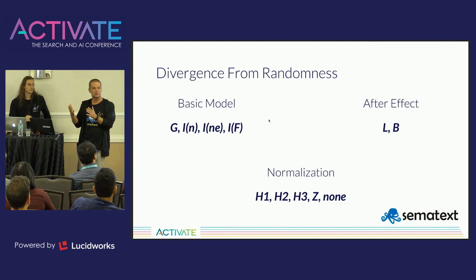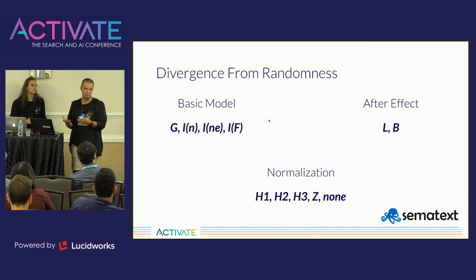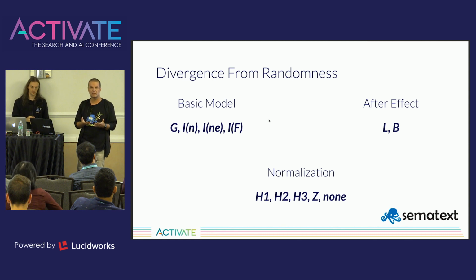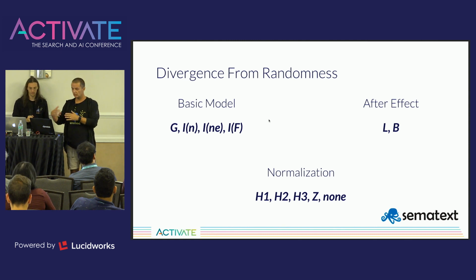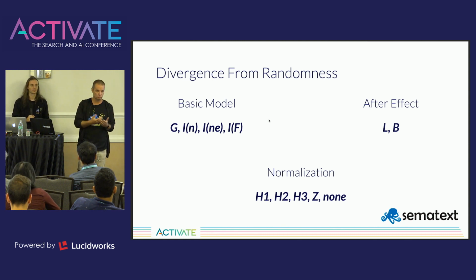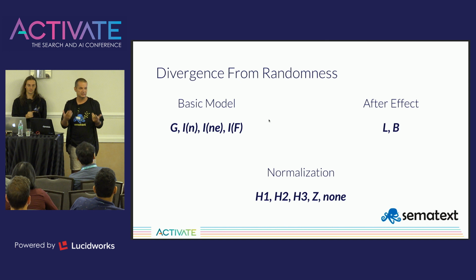Basically, we take the term frequency, so how often the term appears in the document, and we normalize it so we can have better score control. And there are 5 normalization factors here. One is called no normalization, which takes the basic term frequency, and then H1, H2, H3, and Z.